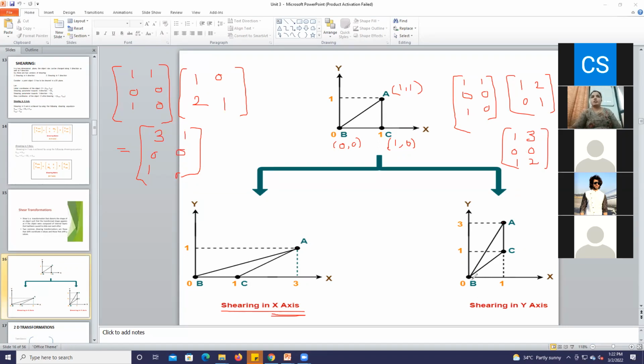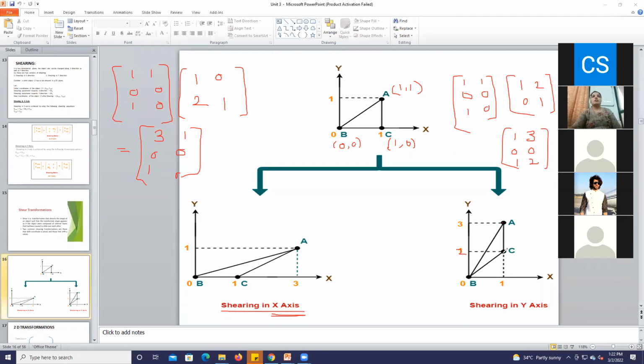Then B is not changing. B is still at the same location. And C is changing. C has become 1, 2. This should be 2 rather. Okay. Right? So we are having this 1, 2 point C.